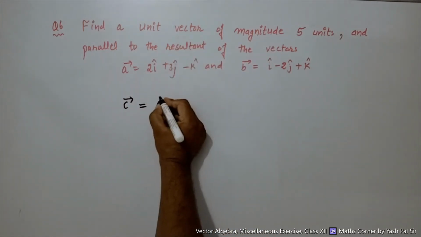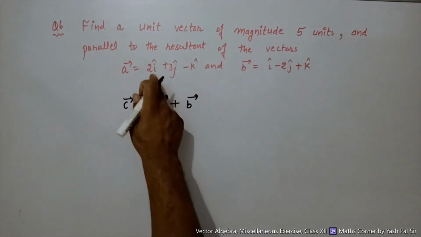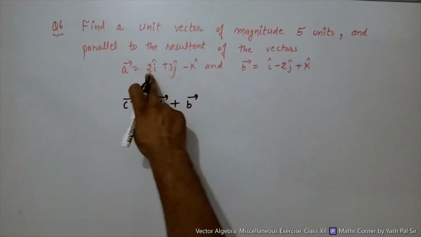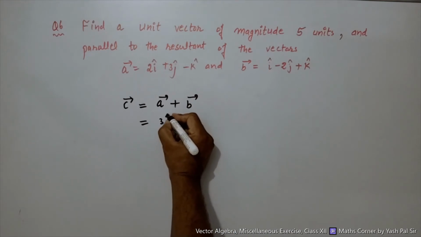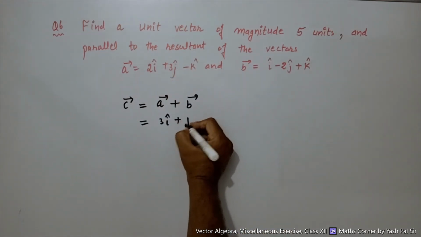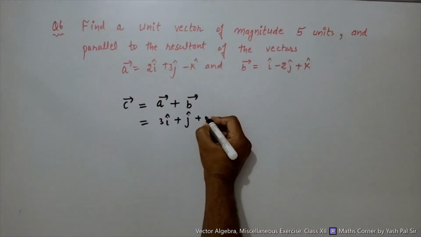Resultant means adding the given vectors, vector a plus vector b. So corresponding components of i, j and k are to be added, that is 2 plus 1, 3i, 3 minus 2, 1j, minus 1 plus 1, 0k.